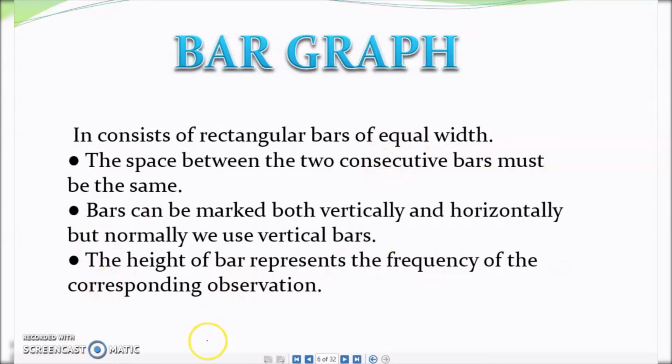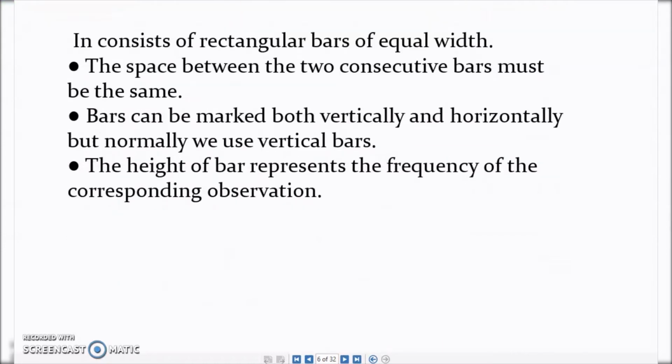Bars can be marked both vertically and horizontally, but normally we use vertical bars. The height of the bar represents the frequency of the corresponding observation. So how long the bar will be depends on the frequency, because you take frequency on the y-axis. So that will give you the height of the bar, and width is obviously the same for all the bars.